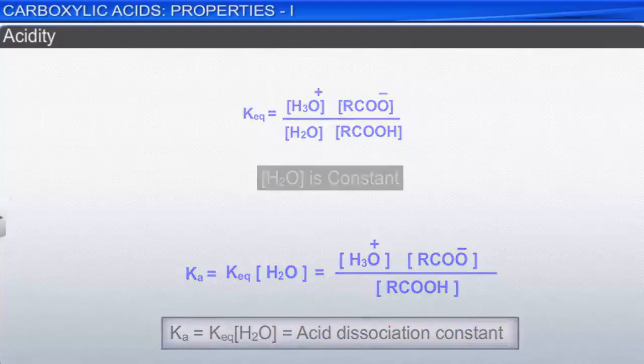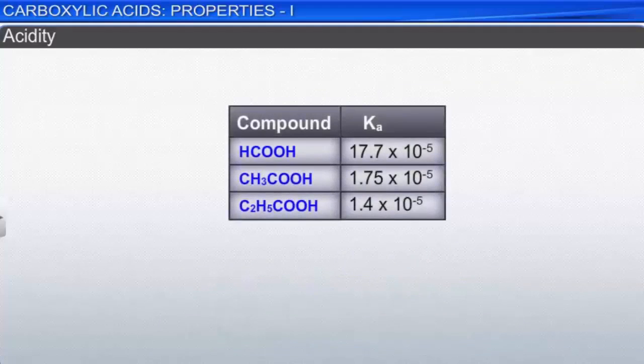Every carboxylic acid has its characteristic Ka, which indicates how strong an acid is. The larger the value of Ka, the greater is the extent of ionization, and therefore, the stronger is the acid.